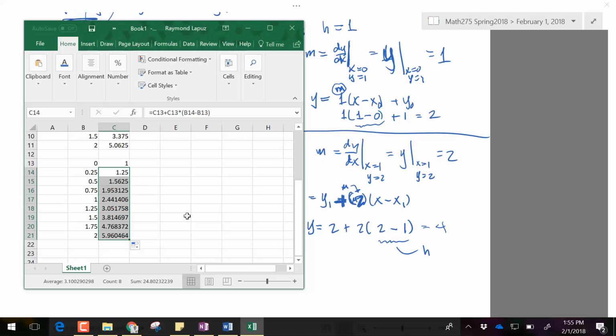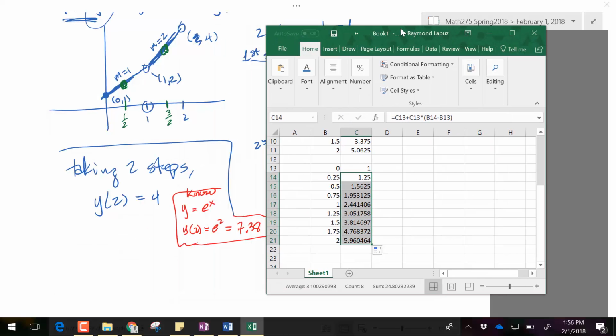So we're inching closer and closer to, what is it, 7.38. So that's a little promising. And the smaller steps you take, the closer you're going to get there.